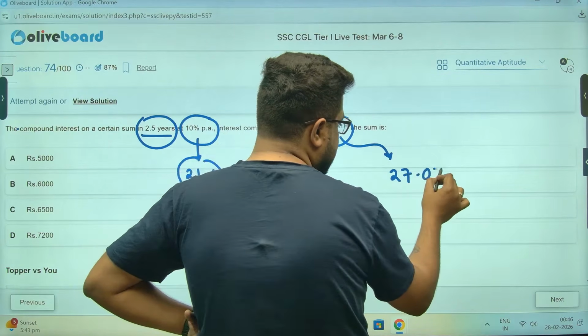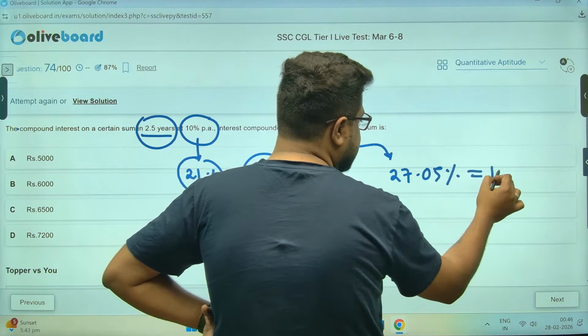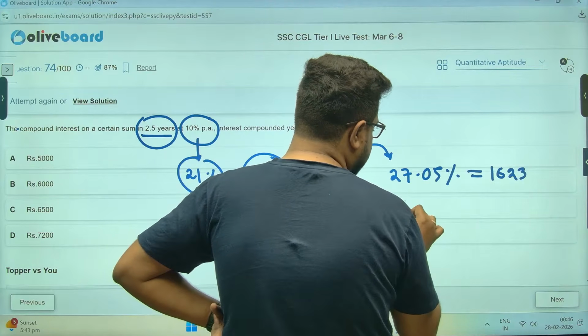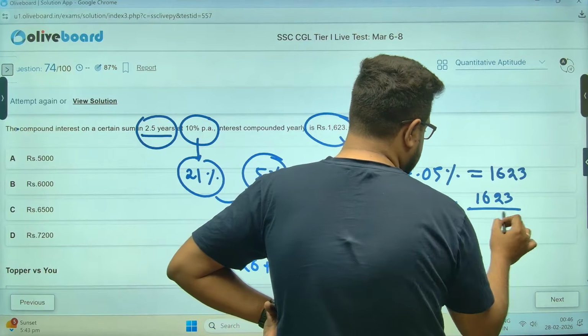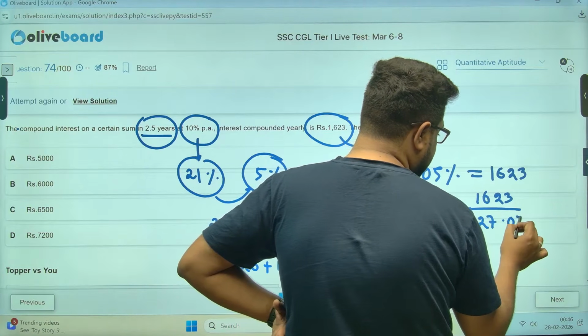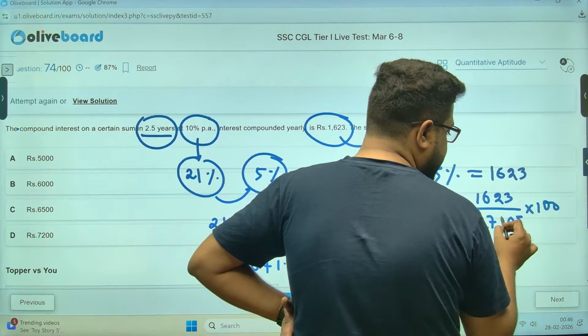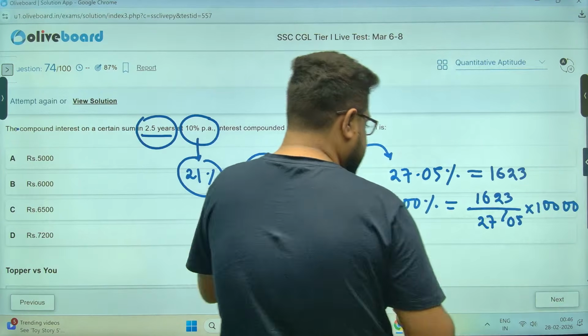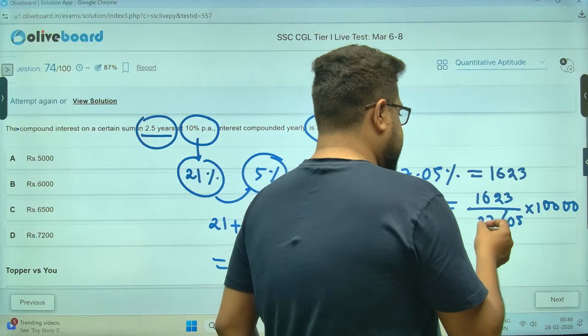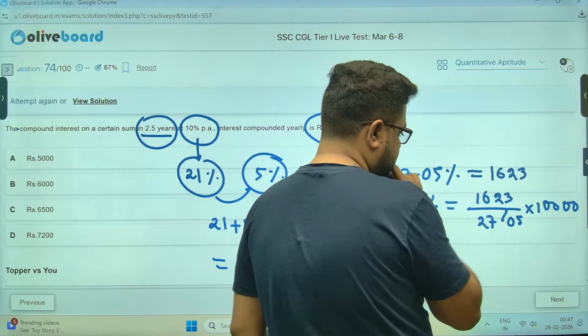27.05% is equal to 1623. So what is the value of 100%? 1623 divided by 27.05 into 100. Now again, if this is gone, we'll get 2705.